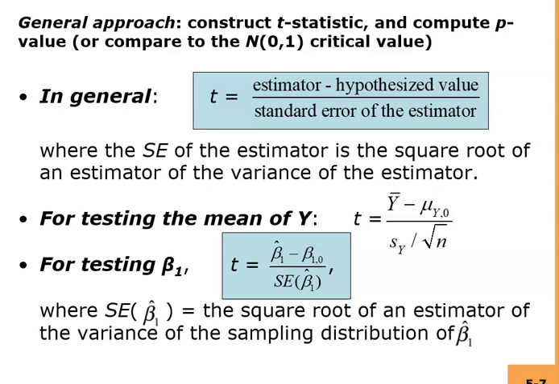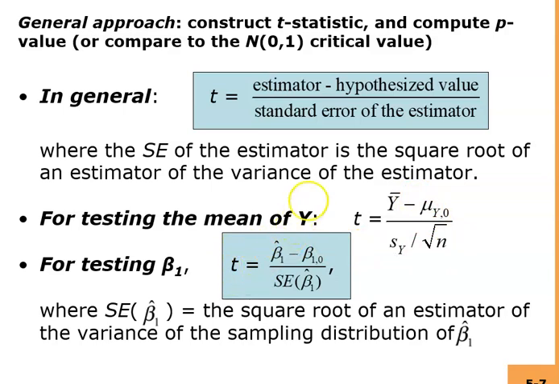Like I said before, when we were doing the hypothesis testing for the mean of y, we were using this formula over here, and through this formula we were calculating the t-stat, in which y bar was the sample mean minus the hypothesized population mean divided by the standard error. Similar to this, we have the calculation of the t-stat in the case of hypothesis testing for beta 1.